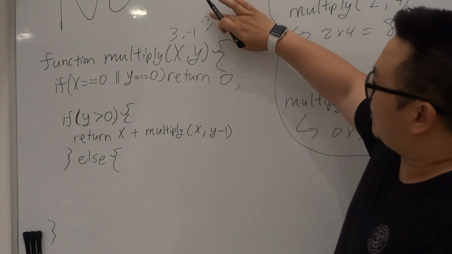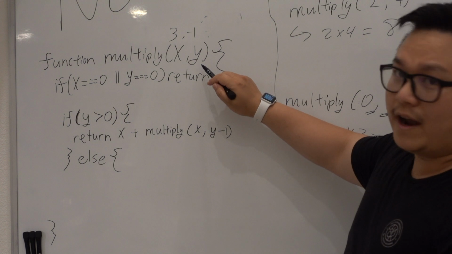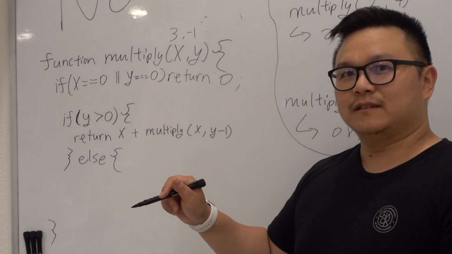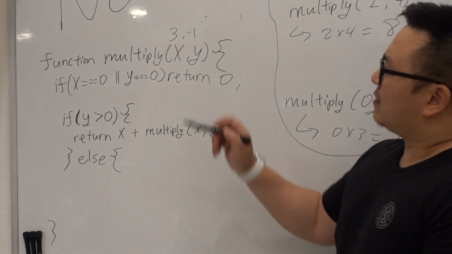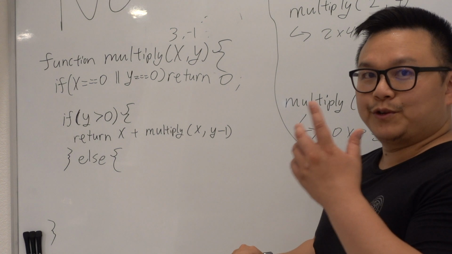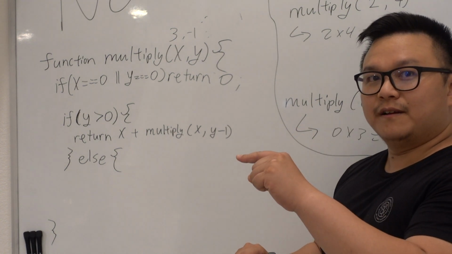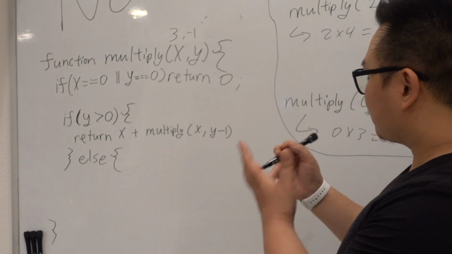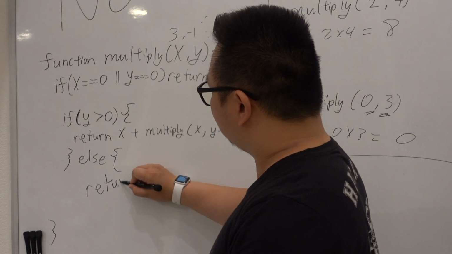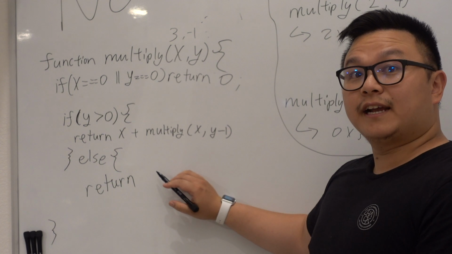Let's look at this example here. Let's say we have x equal to 3 and y is equal to negative 1. What do you expect to return in this case, right? If x is 3 and y is negative 1, we should return negative 3, right? So we'll return a negative x.